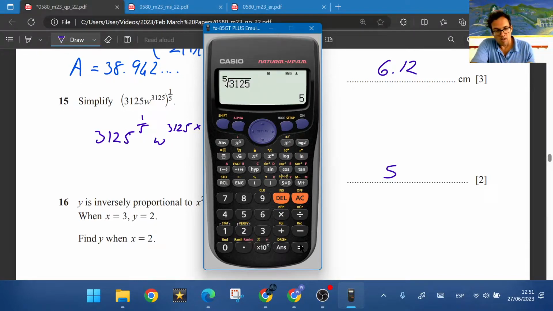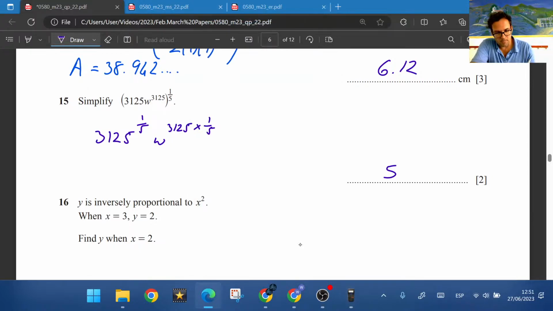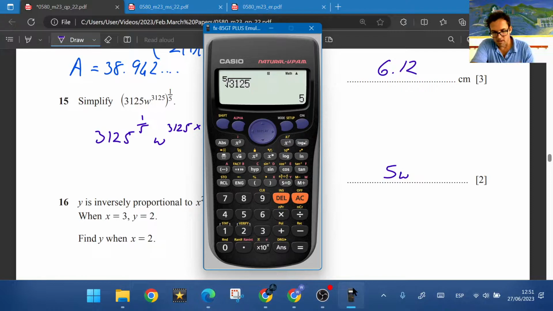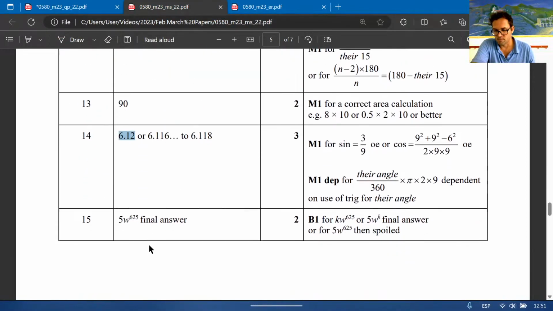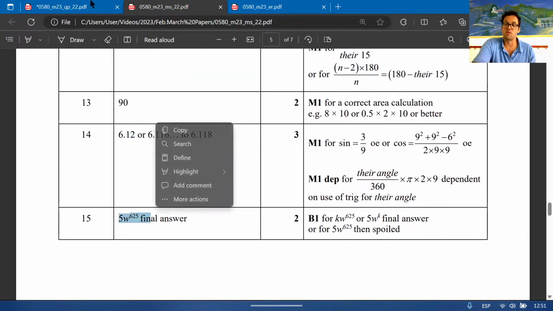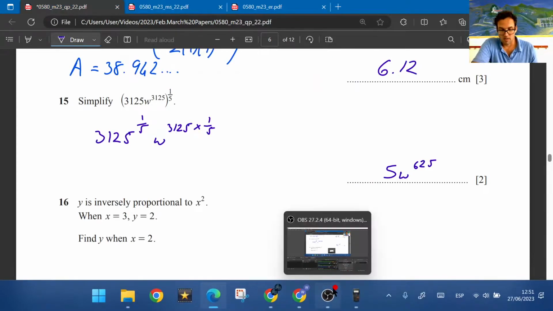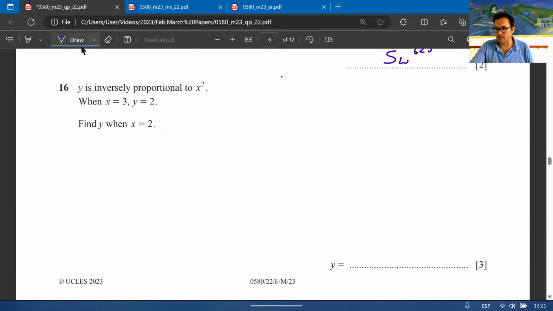Anyway, then we got the W, and then to find out what goes above, we multiply 3, 1, 2, 5 times a fifth, which is 0.2. So that would be 6, 2, 5. Yeah, final answer. We got it. Smart. Question 16. Let's get going.